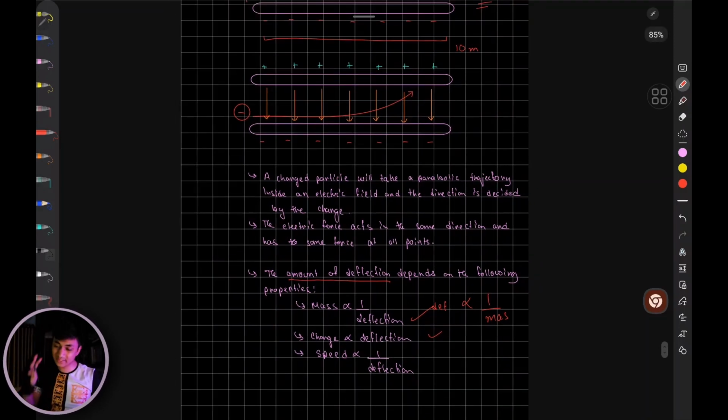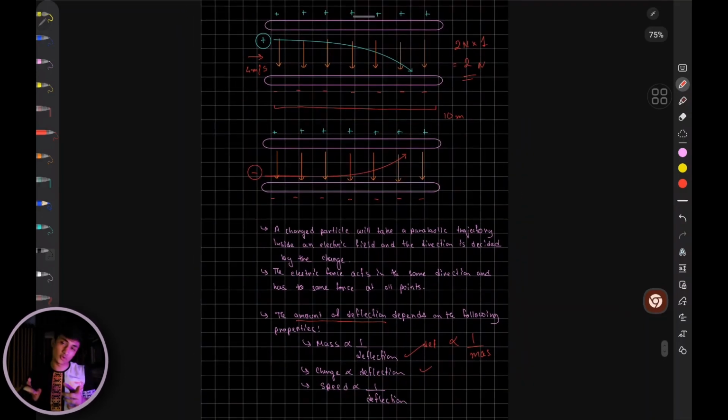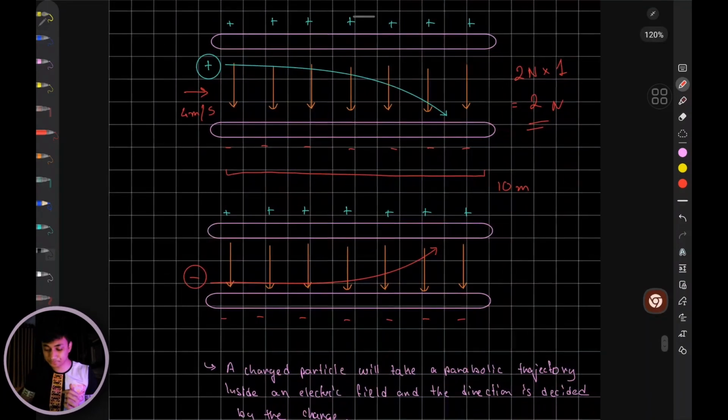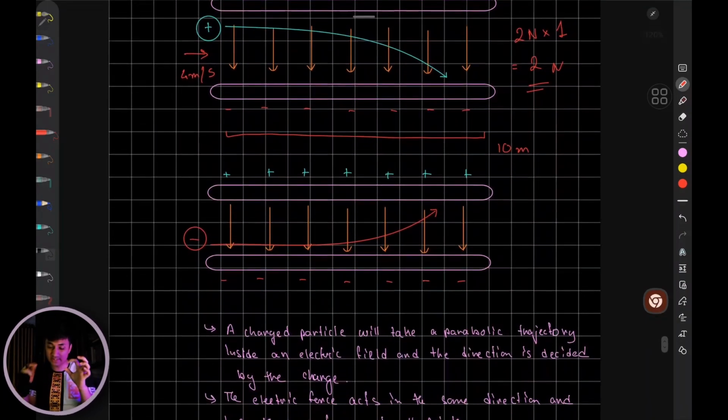So those are the three factors that affect the deflection and the trajectory of your charge between uniform fields. Remember, in the case of uniform fields, the force does not change. The force remains constant throughout the region between the plates.